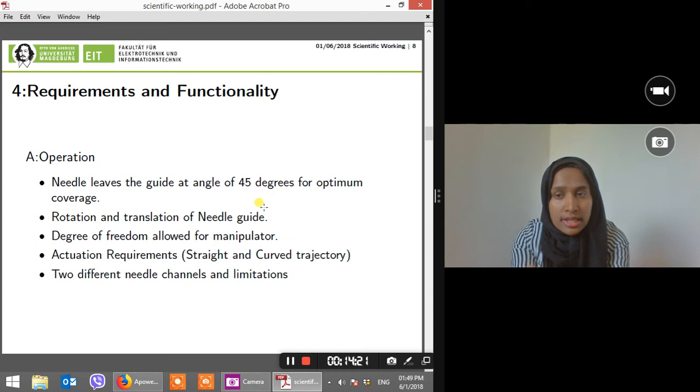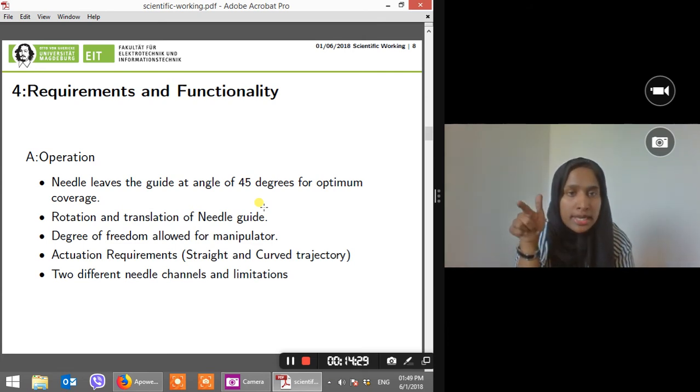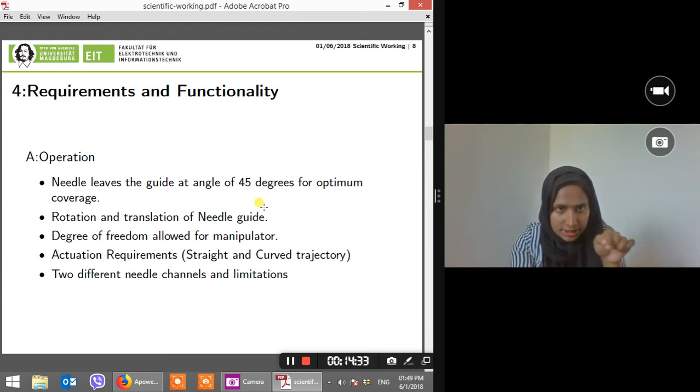And then coming toward the needle channels, what kind of channel the needle should have, whether it should be a cylindrical channel or an elliptical channel. The bigger the cross section, the better the axial view we can get.